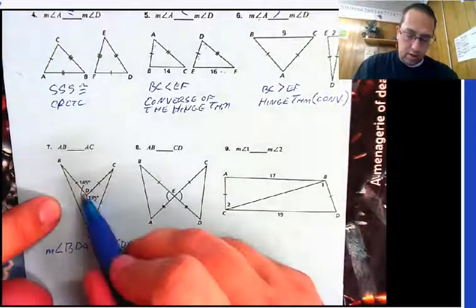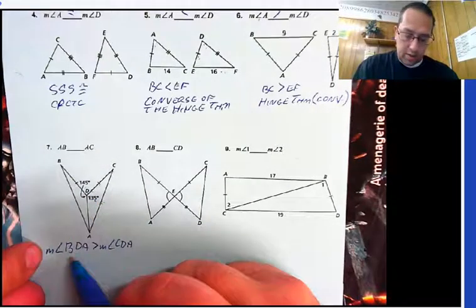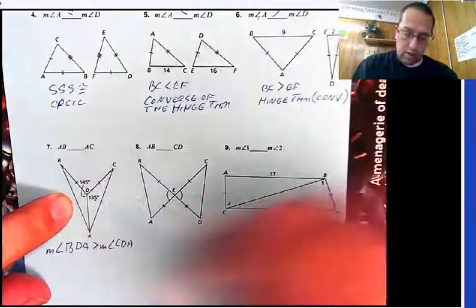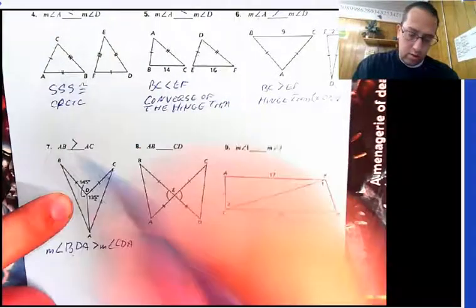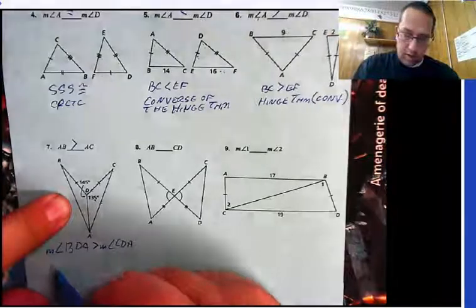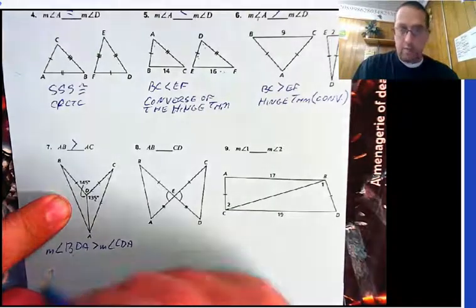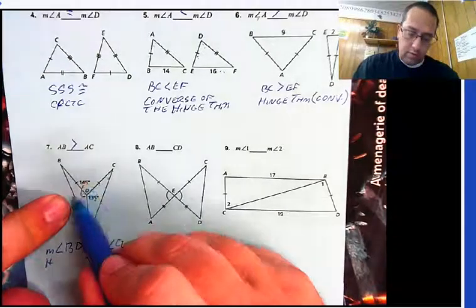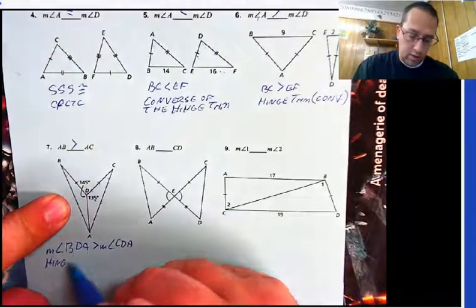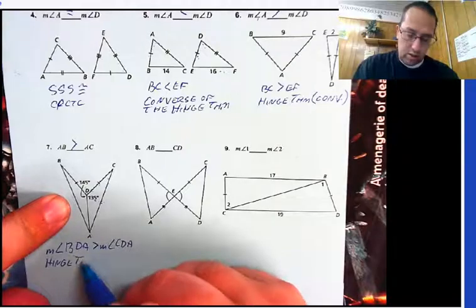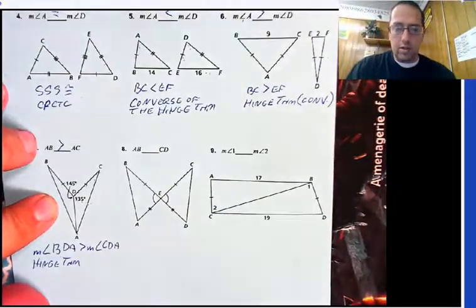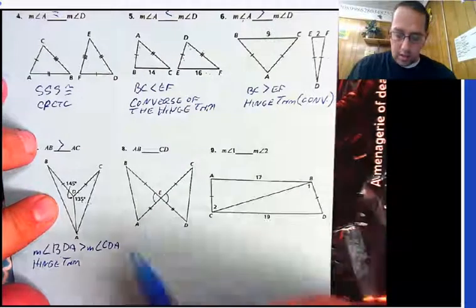And so the side opposite the bigger angle, BA, or AB, is greater than the side opposite the smaller angle. There we go. And we need to explain whether this is the Hinge theorem or the converse. It's the Hinge theorem, because we're going from angle to side. So this is the Hinge theorem.